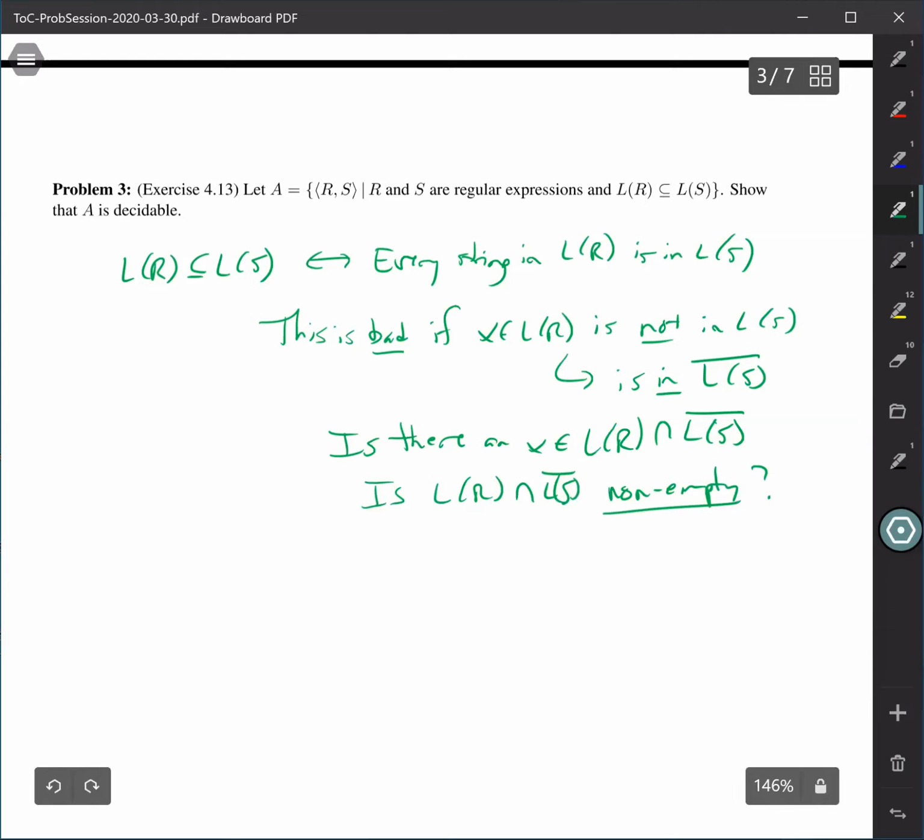Asking if there's a string in a set is basically asking if the set is non-empty. And we have an algorithm to determine if a language is non-empty.